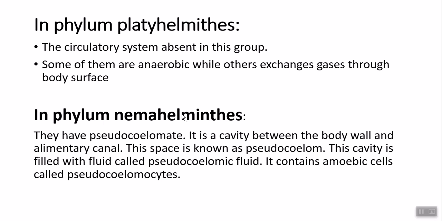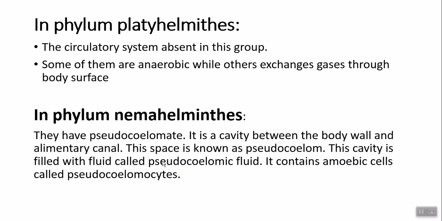In the phylum Platyhelminthes and then Nemathelminthes, once again the circulatory systems are totally absent because these animals live in a host, so they normally do not require a circulatory system. However, in Nemathelminthes there is a pseudocoelom, a space where the fluid remains suspended with amoebocyte cells.